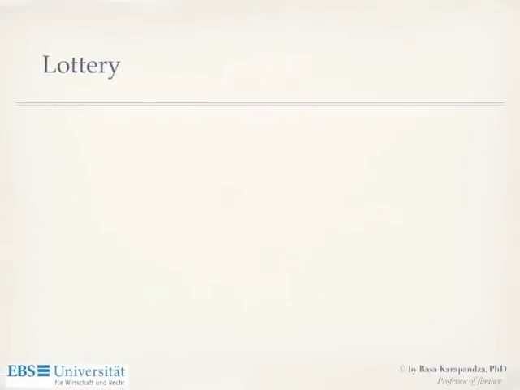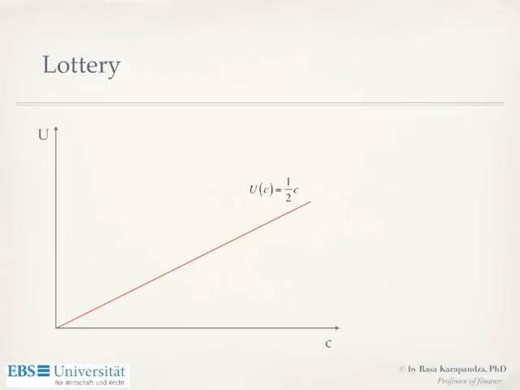Now, in your class, how is it called, mathematics for economists, you have probably talked about the utility function. So now, what is the utility function? The utility function tries to tell you how happy you are if you eat cookies.